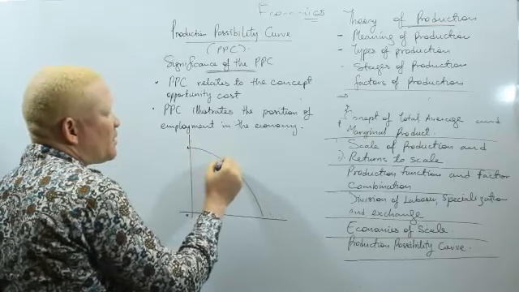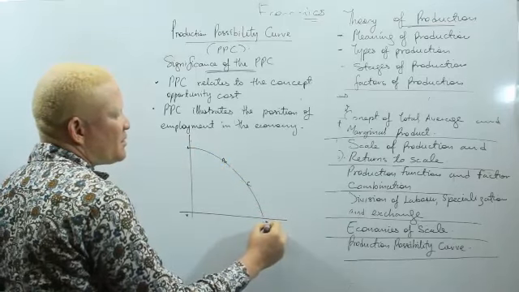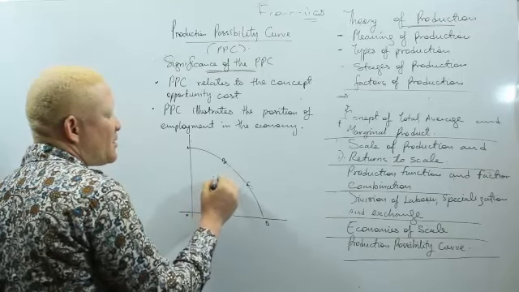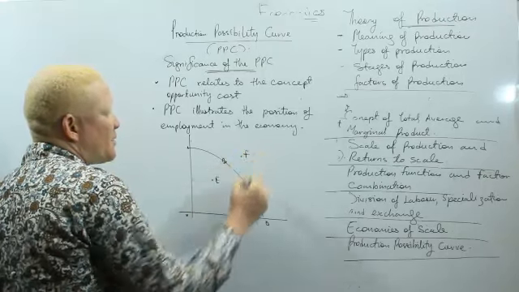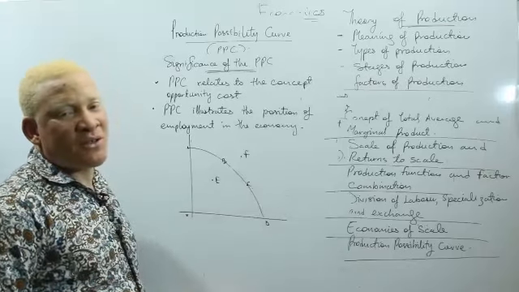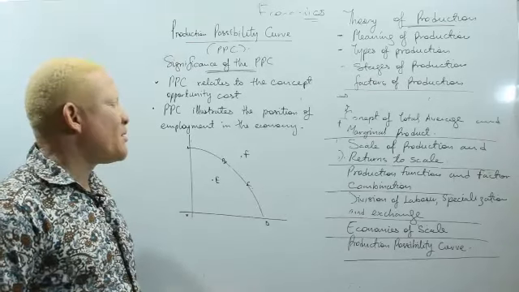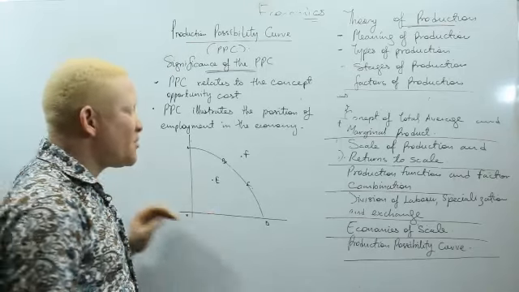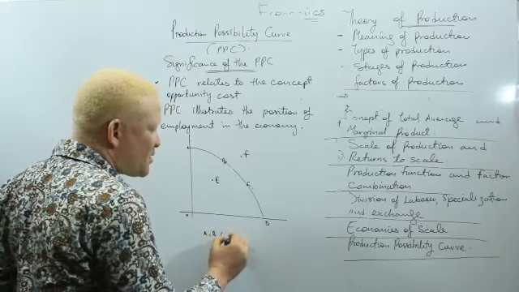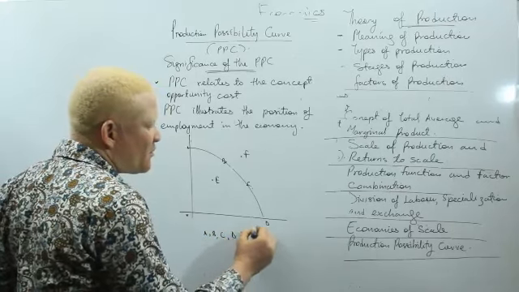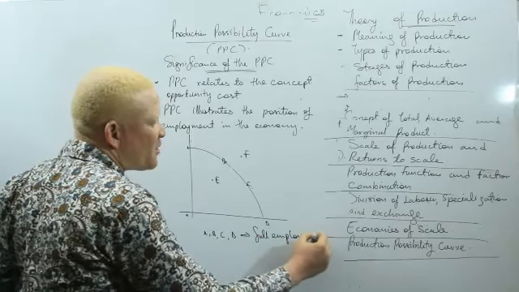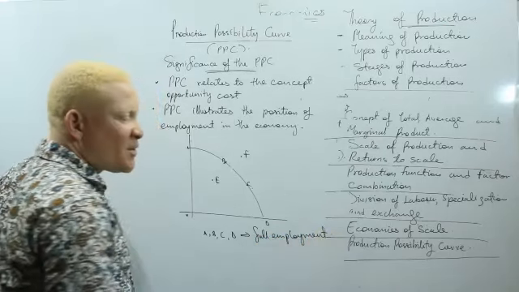If this is A, B, C, and D, all of them are on the line. Then I have a point E and F. Every point on the production possibility curve indicates that resources are fully employed. So points A, B, C, and D imply what? Full employment.